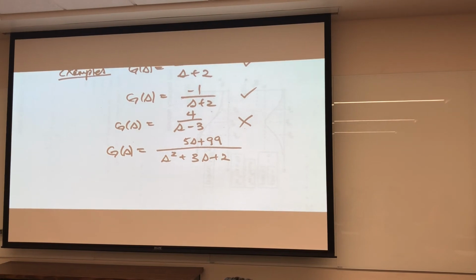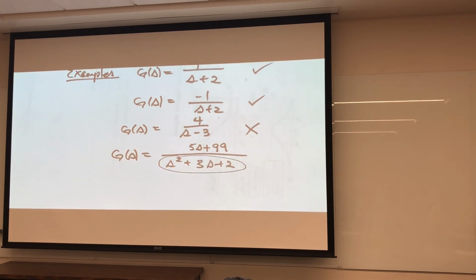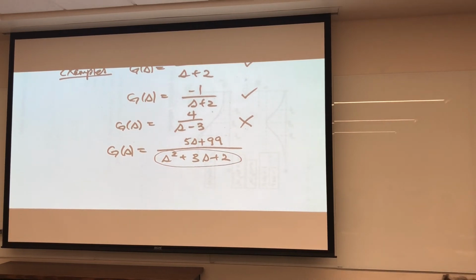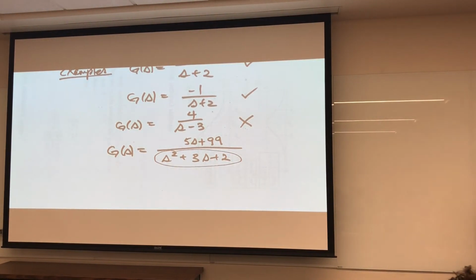Where do I need to put my attention? I need to focus my attention here. I need to solve for the roots of that equation, so I need to solve for the roots of s squared plus 3s plus 2 equal to 0.